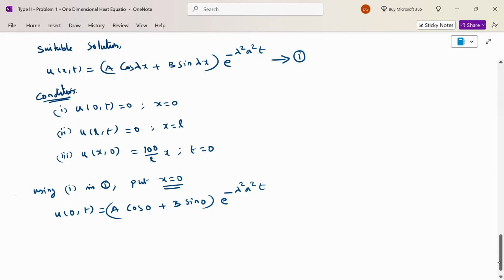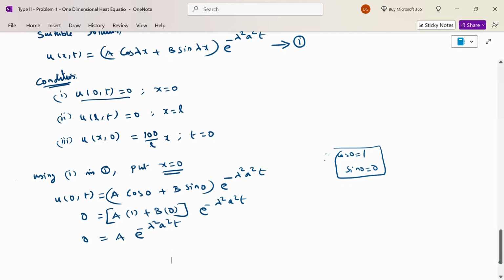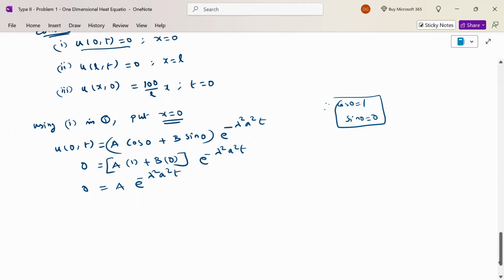By the first condition, u of 0 comma t is 0. So 0 equals A cos 0, which is 1, plus B sin 0, which is 0, times e power minus lambda square a square t. So 0 equals A into e power minus lambda square a square t. Here e power minus lambda square a square t is non-zero, so taking the left hand side 0, A equals 0. I consider this equation number 2.